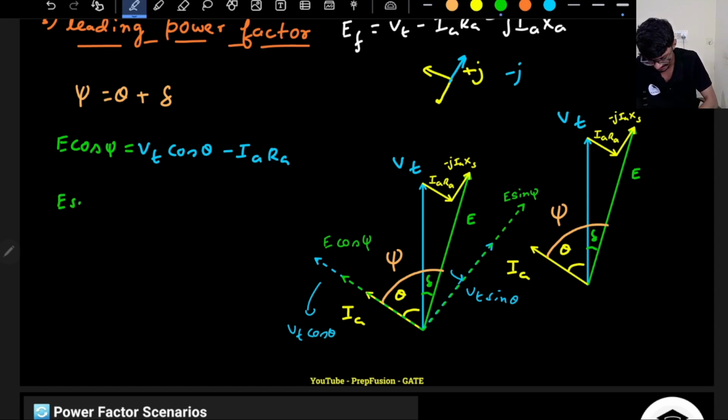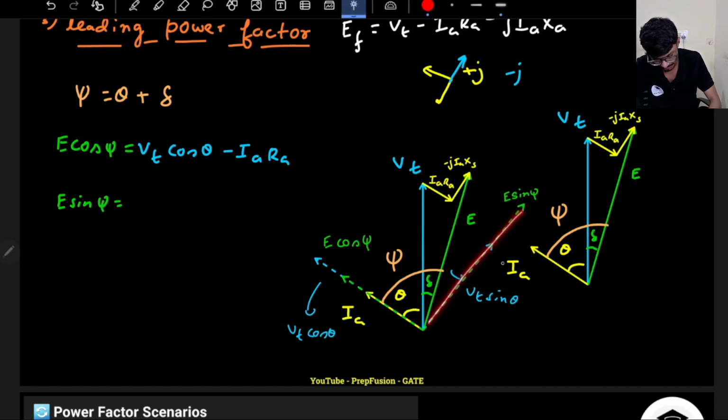What about E sin xi? If you observe here, it is the addition of two, because both of them are in the same direction. Vt sin theta and this are in the same direction. Here Vt cos theta and IRA were in the opposite direction, that's why subtraction. Here both are in the same direction, that's why addition. I'm just considering the length, not the angle.